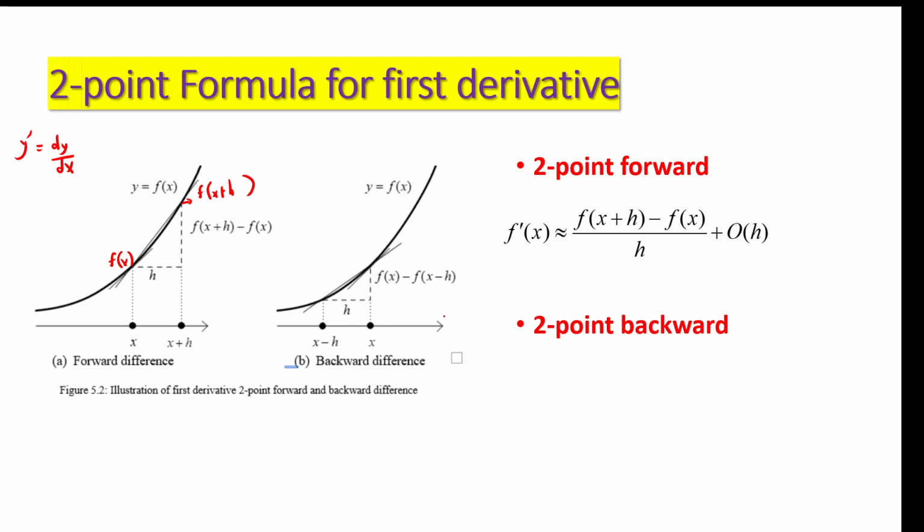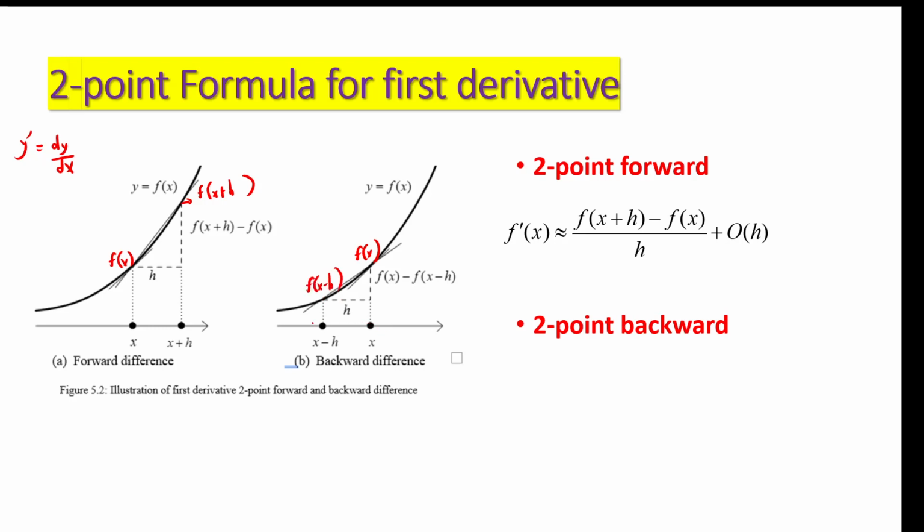Then using figure B, you can obtain the 2-point backward formula for the first derivative. Similarly, when you're standing at x, the y value here is f(x), and this is f(x minus h).